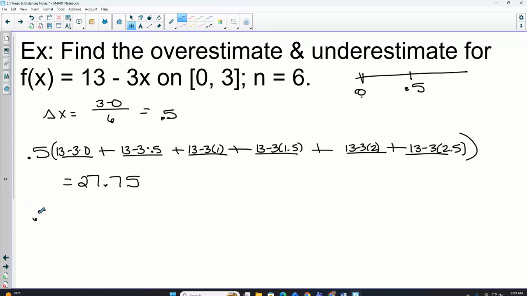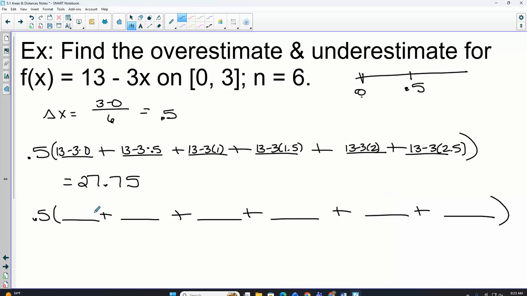So for the next one, the only difference is I'm not going to start at 0. I'm going to start at 0.5. And this one will end at 3.